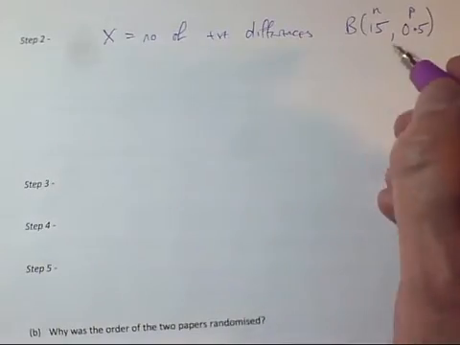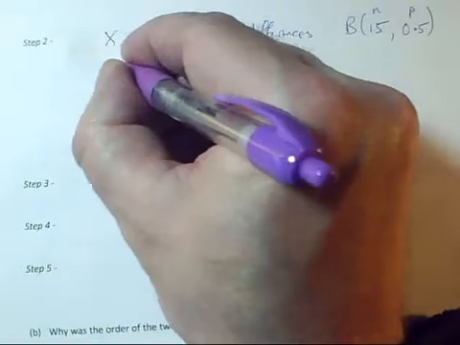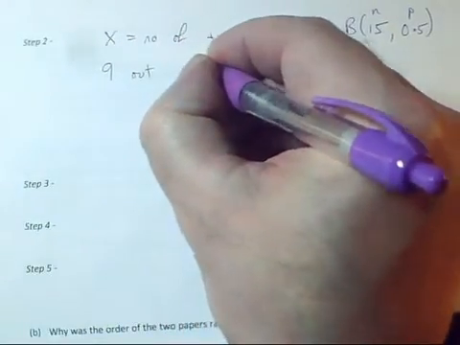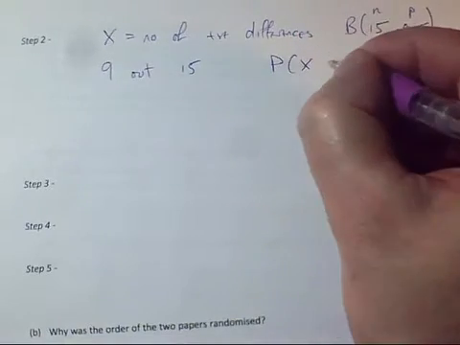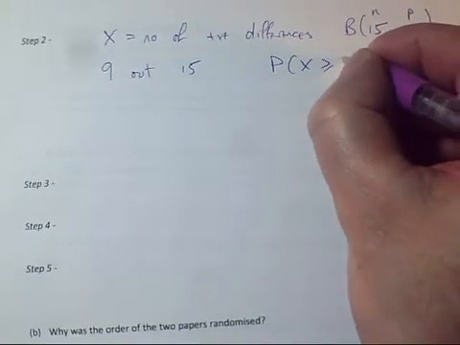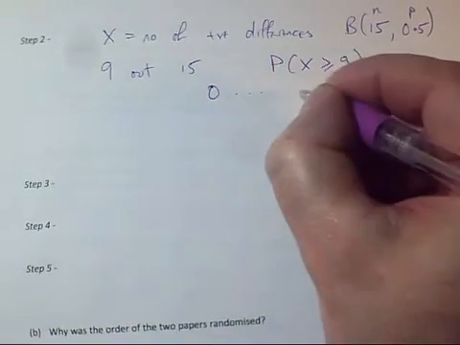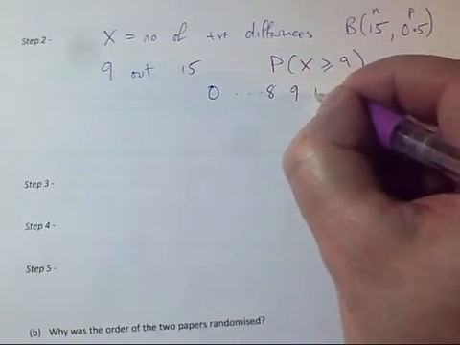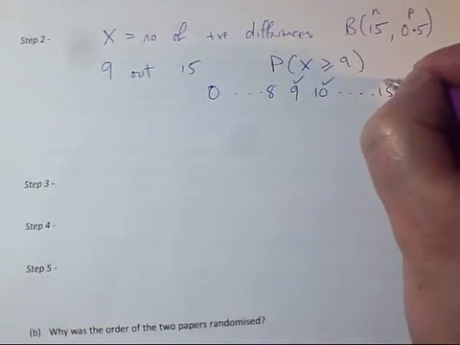So according to this binomial distribution, we worked out that 9 out of 15 had scores that went up. So I need the probability that X is 9 or more out of 15. So 0 up to 15, near 9 we've got 8, we've got 10. Okay, so I'm interested in 9 and above.